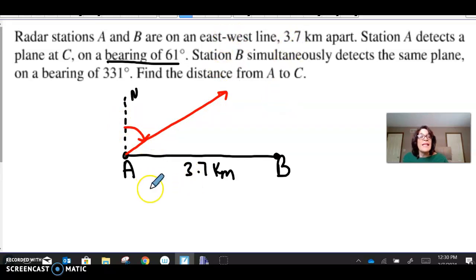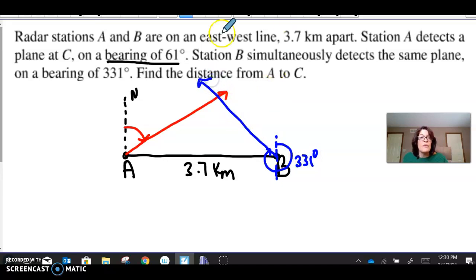Station B simultaneously detects the same plane on a bearing of 331 degrees. So from north, right here at B, I'm going to have to go 90, 180, 270, 331 degrees. Does that look about right?